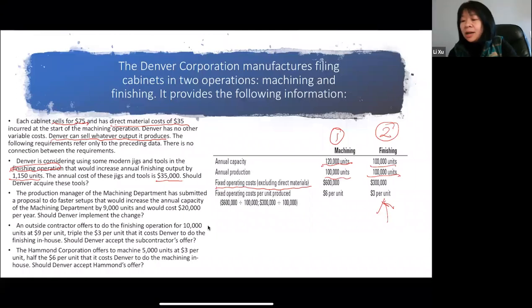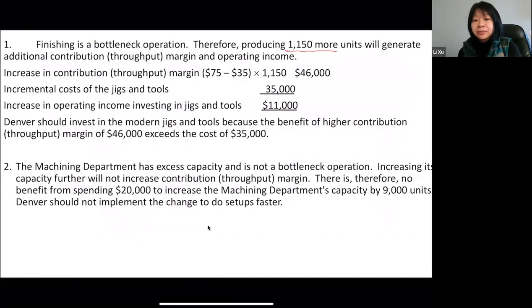Because it's a fixed cost, you don't need to consider it when you think about the contribution margin. Now, you're going to increase contribution margin by 1,150 units, and this is the contribution margin per unit. So that is the increased contribution margin if you produce 1,150 units more.